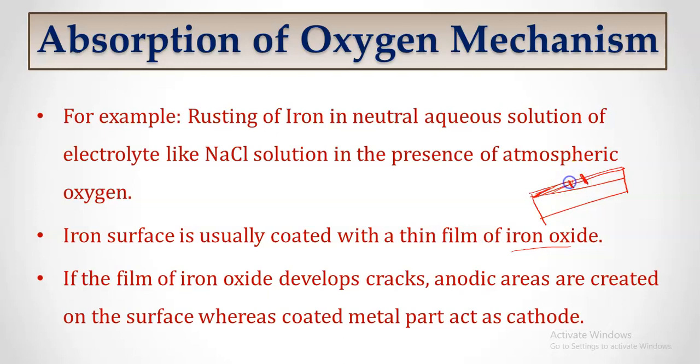Suppose this much part is created, so the anodic area is created here, while the remaining coated part acts as the cathode. In this crack, in this gap, oxygen or water drops, moisture, are collected in this anodic area. So what is happening?